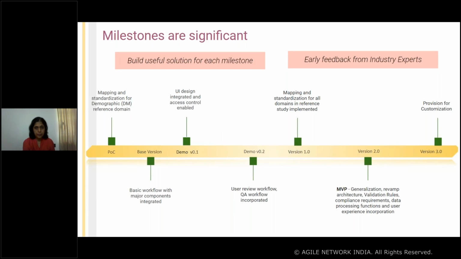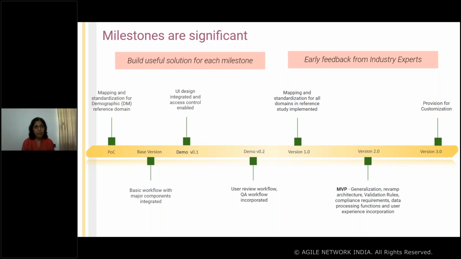These are, as I said, the milestones that we worked on, and we made sure that we are building incrementally, right? Two things that I want to highlight over here: build a useful solution for each milestone. That is, in Agile we say working software, something which is valuable to the end user. They can see how things are evolving with every iteration.